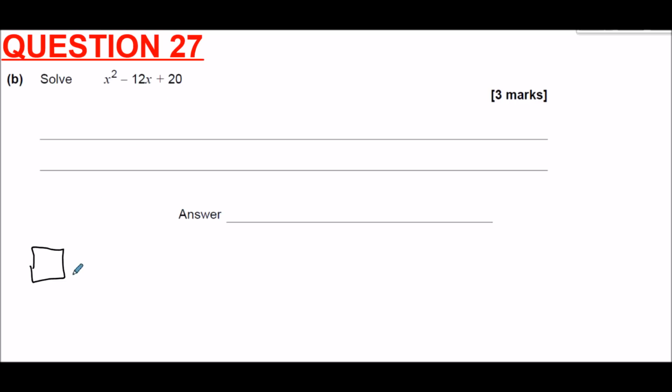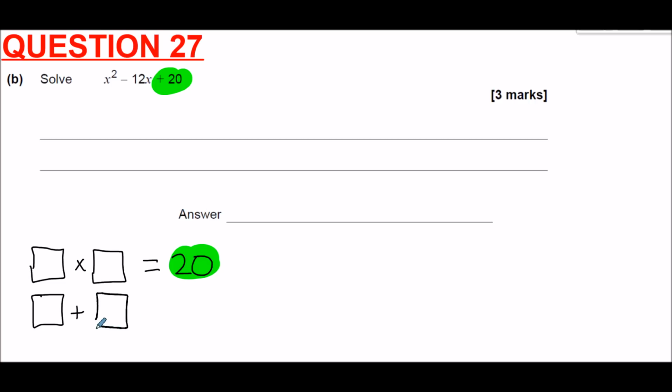We need to think of 2 numbers that multiply to give the number at the end, which is positive 20. And the same numbers, when we add them together, they need to give us the number in front of the x, which in this case is minus 12.